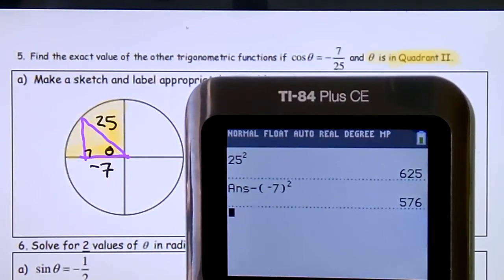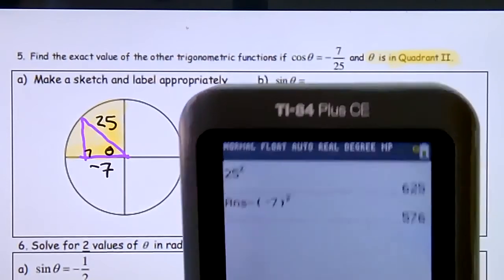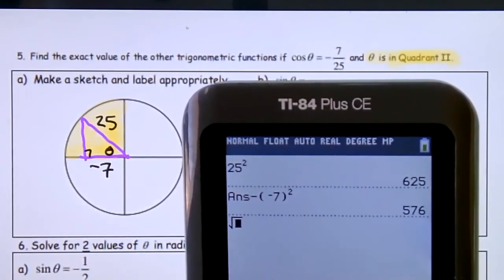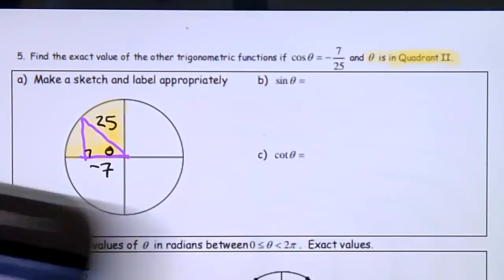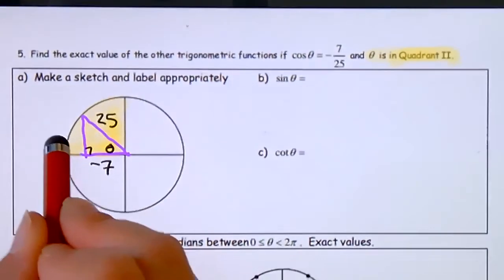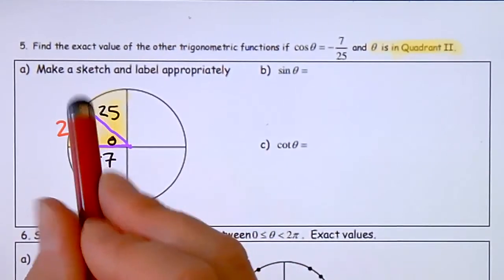Now 576 doesn't look like a nice number, but if I take the square root of it, it would have been easier probably just to raise it to the 0.5, because that's usually what I do, you get 24. Let me put it in a different color because this was not given to me. This is a 24, positive because I'm going up.